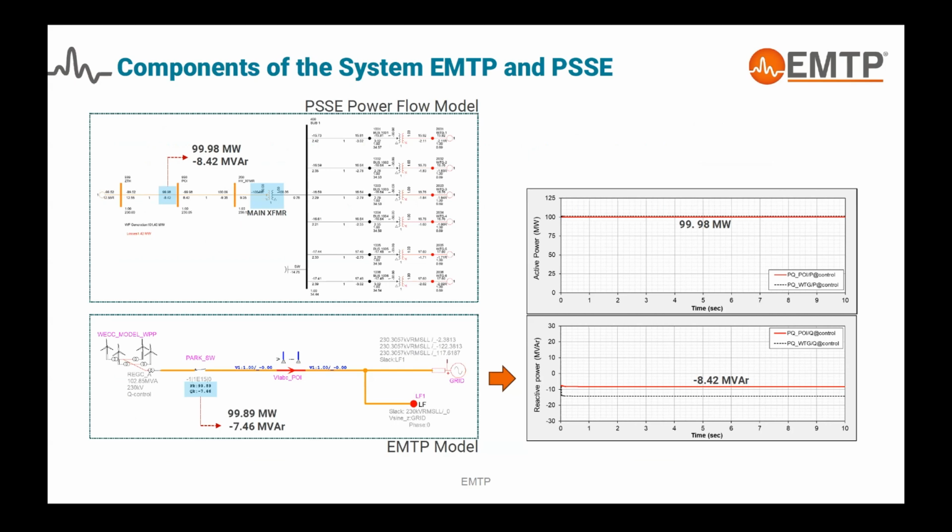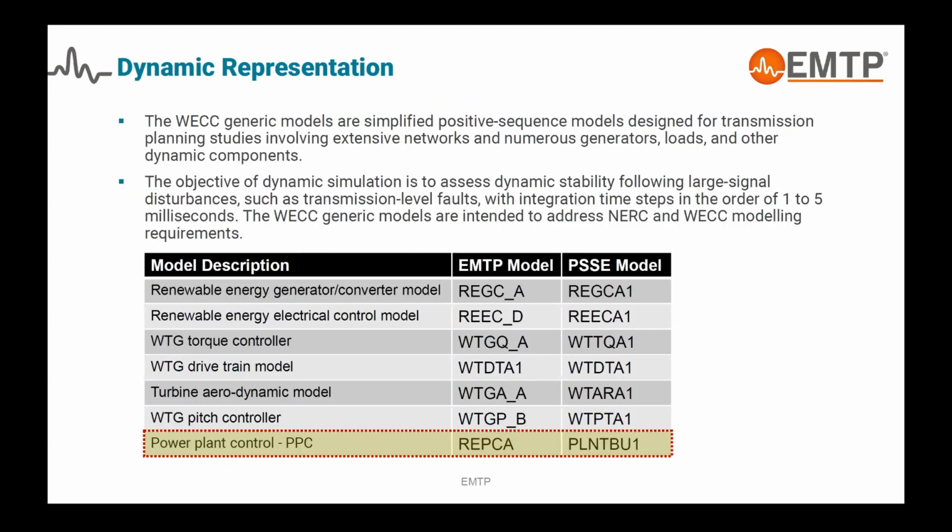So yeah, here, as you can see, this is the EMTP plot, active power and reactive power at the POI, right? With no disturbance applied to the system, you can clearly see that we got the same flow at the POI. In terms of dynamic representation, as I mentioned, you can find these statements here in some documents, right?